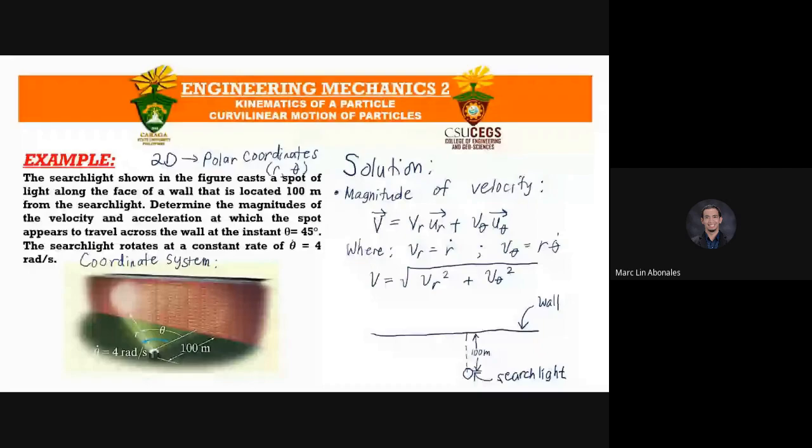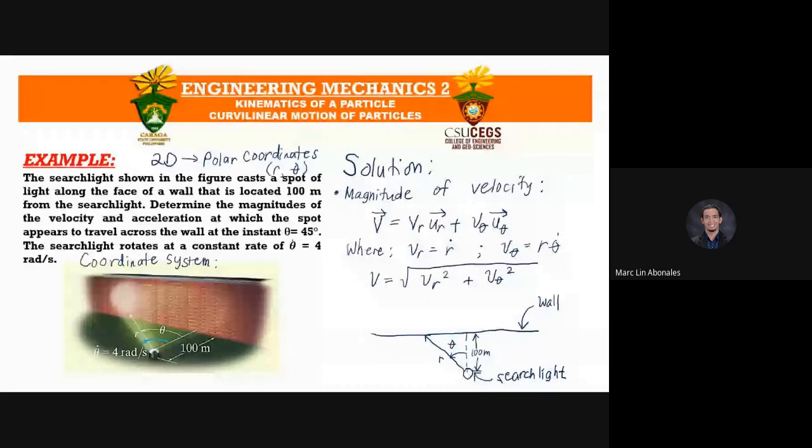And the light that it emits is represented with the distance r, which is based from the angle of 45 degrees, or it is based from the transverse angle, which is the angle theta.